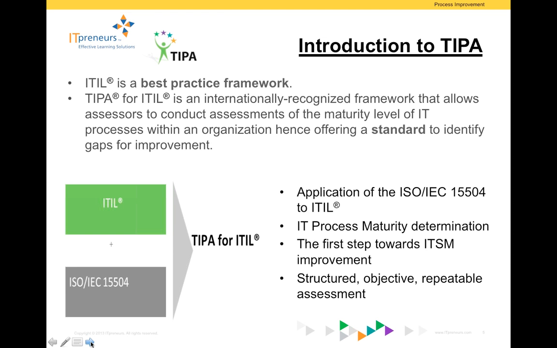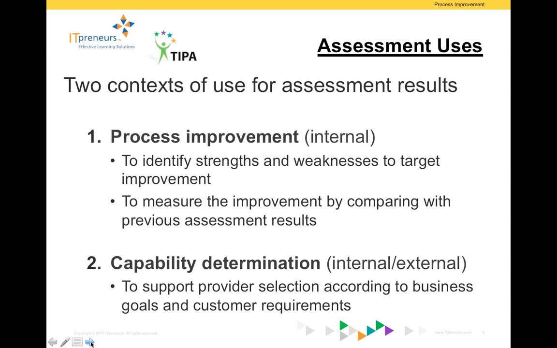So two contexts here on how you can use assessment results. First one from a process improvement perspective, so internal to the organization, and really again to identify that gap that exists at one point. So what we're going to do there is identify our strengths, our weaknesses.